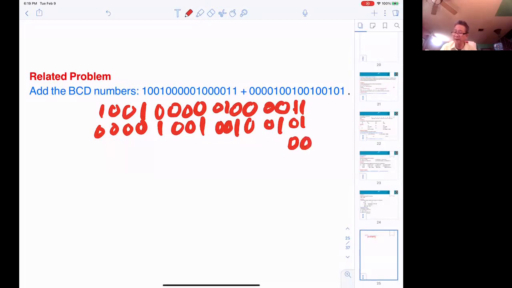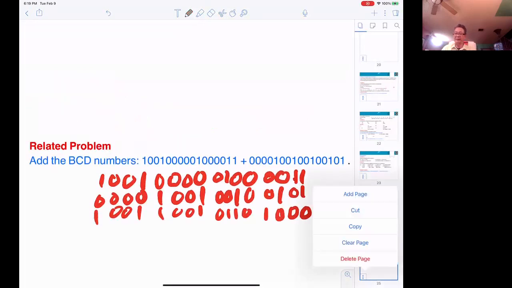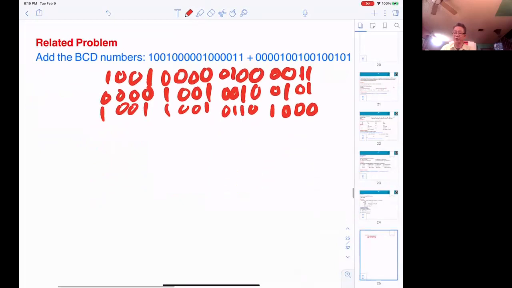Carry 1. 1 adding to 1, you get 0. 0 adding 0, you get 0, carry 1. 1 adding 0 to get 1. 1 adding to 1, you get 0, carry 1. 1 in here, 0 come here. Okay, that is normal, nothing special.